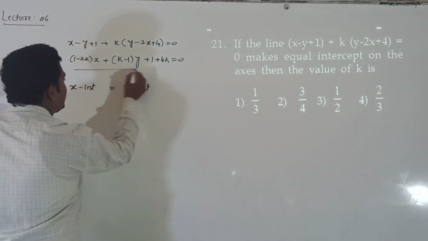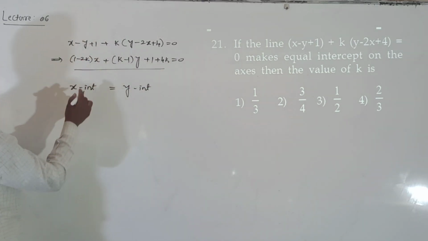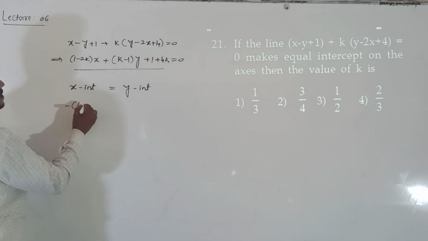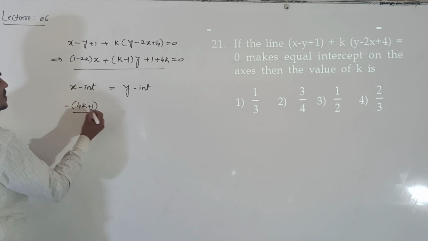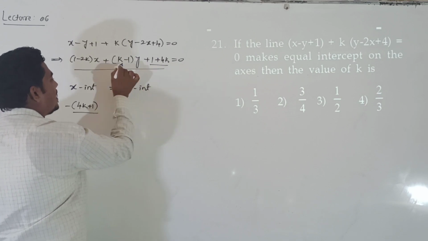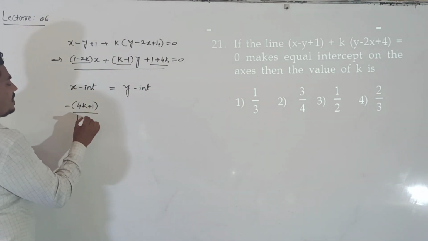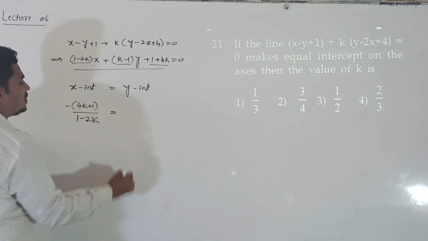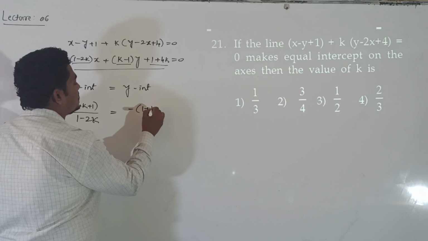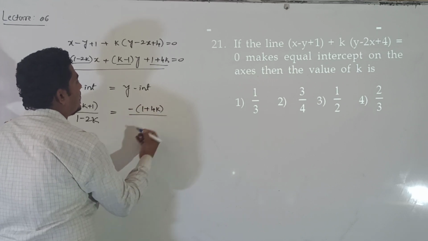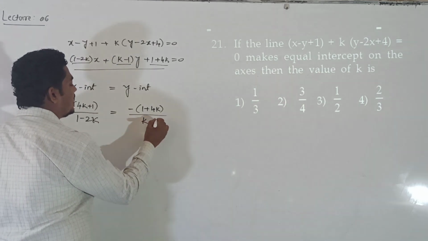Tell me what is the x intercept of this line? Minus c divided by a, that is minus (1 plus 4k) divided by (1 minus 2k), is equal to the y intercept of the line, which is minus c divided by b, that is minus (1 plus 4k) divided by (k minus 1).